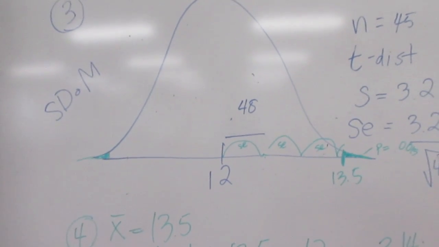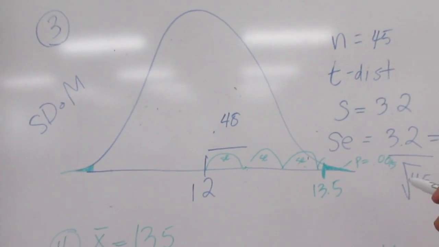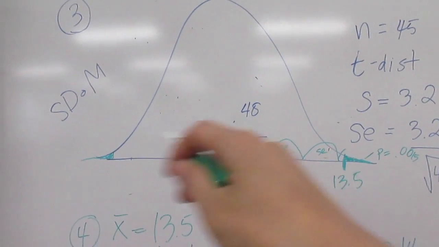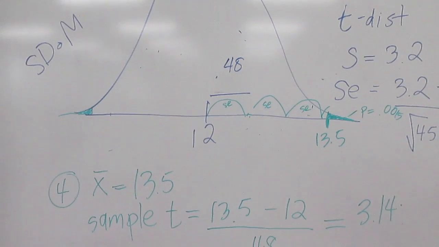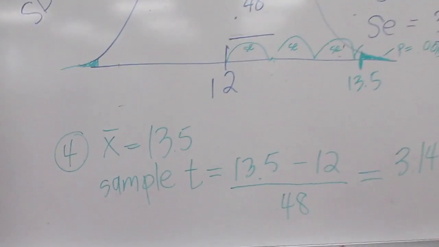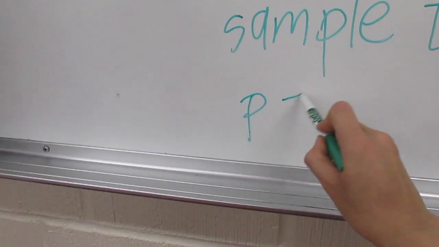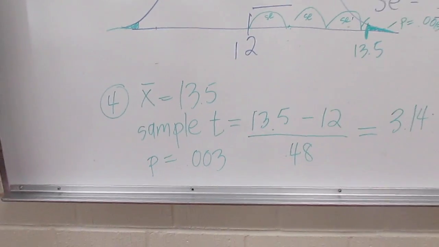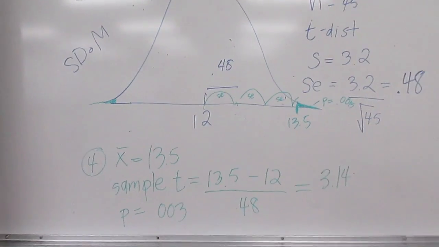So you could just essentially take this little figure, 0.0015, and multiply by 2, because there's 2 tails, right? And so in SPSS, you should get a p-value of p equals 0.003.